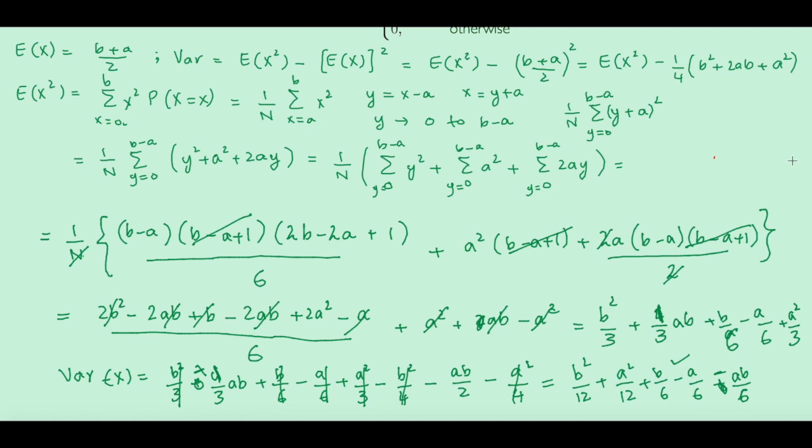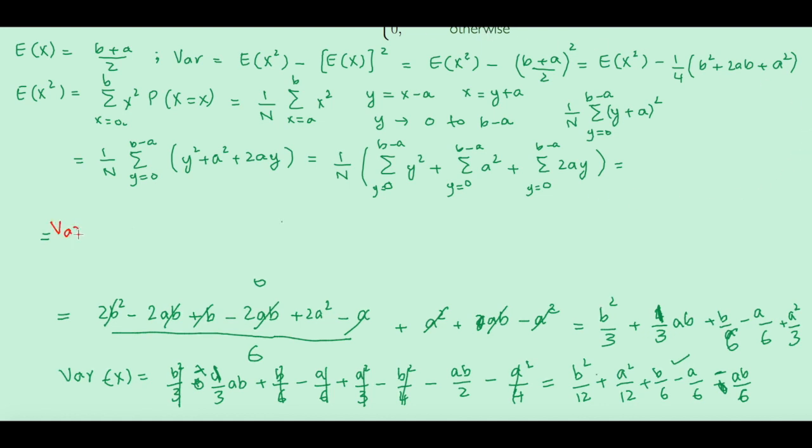If you see the literature for the discrete uniform distribution, you will see the variance as b minus a plus 1 squared minus 1 over 12. So this is equal to b minus a plus 1 times b minus a plus 1, minus 1, over 12.